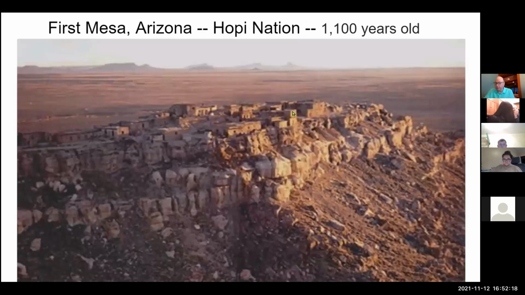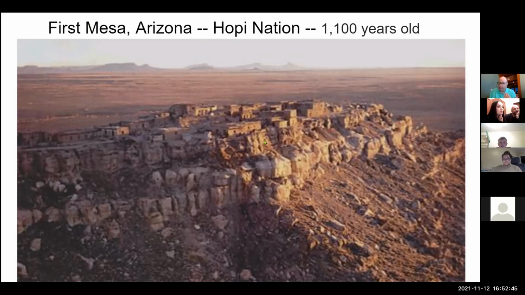And this is one of the very oldest Hopi Nation villages. It's 1,100 years old. It's called First Mesa. And mesa means a tall, flat hill. A hill, but instead of having a peak, it's flat at the top. So First Mesa is the very first hill when you enter this part of Arizona.